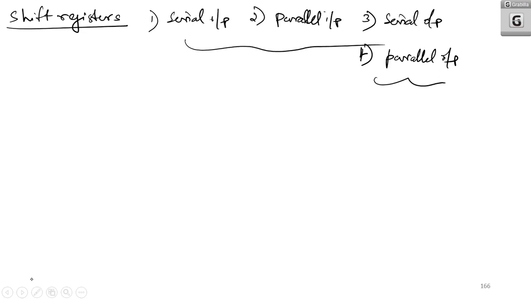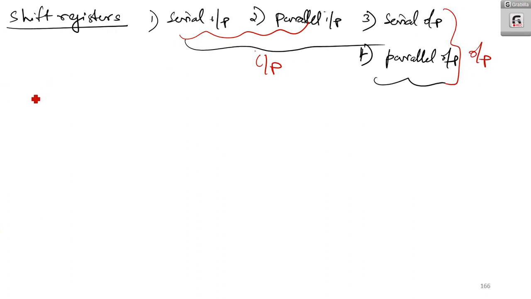In that, it was already mentioned that there are four functions of shift registers. One is serial input, second is parallel input, third is serial output, and fourth is parallel output. The first two are based on input, and these two are based on output.